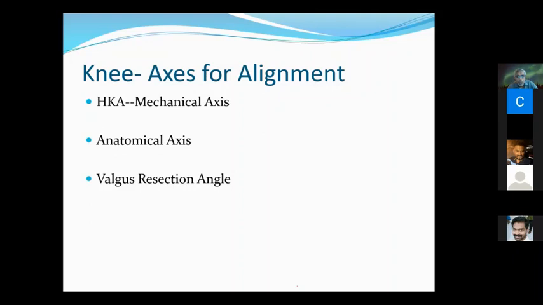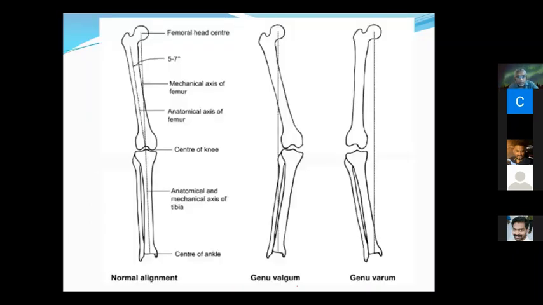So what is the anatomical axis? How is the anatomical axis different from the mechanical axis? I think I'll show you this and you'll get an idea. There you have it.